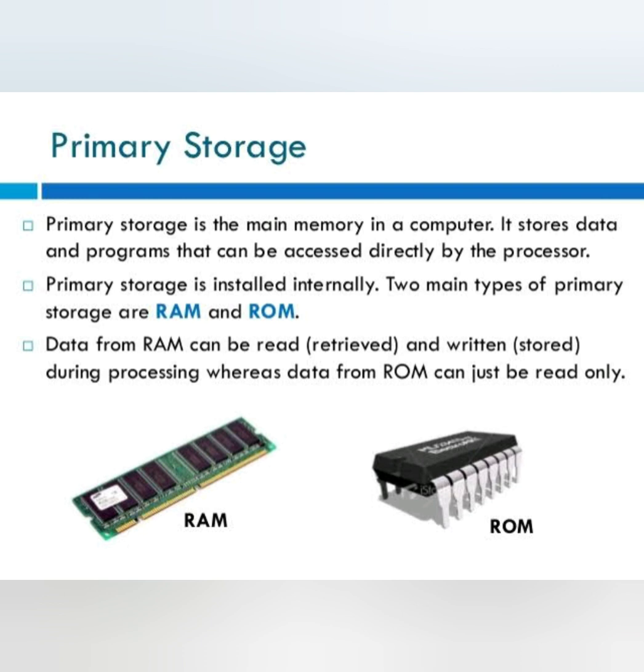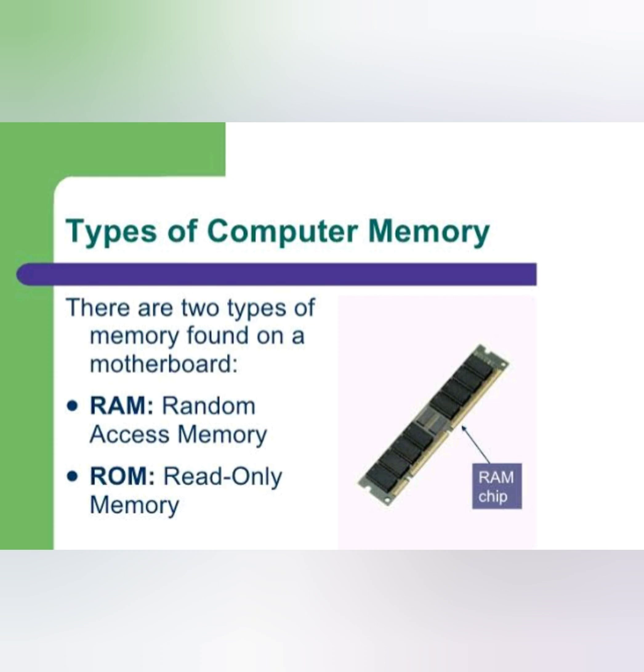So there are two types of primary memory, that is RAM and ROM. What do the words RAM and ROM mean? RAM is random access memory and ROM is read only memory. As the name indicates, with random access memory, we can store the data and instructions only when the computer is turned on.